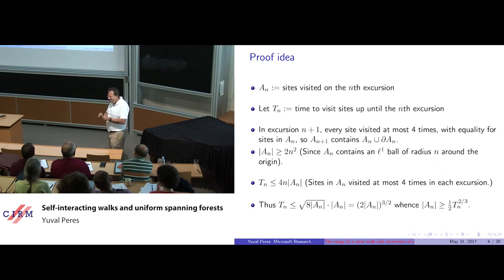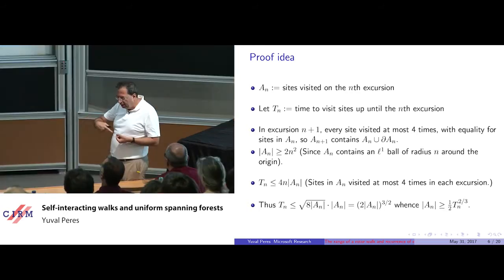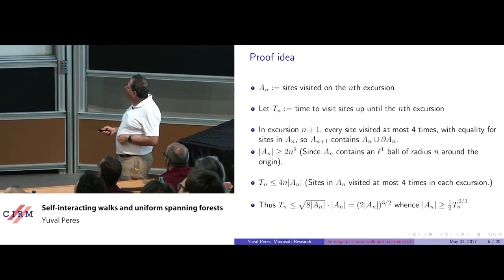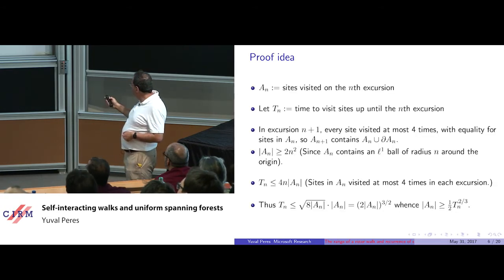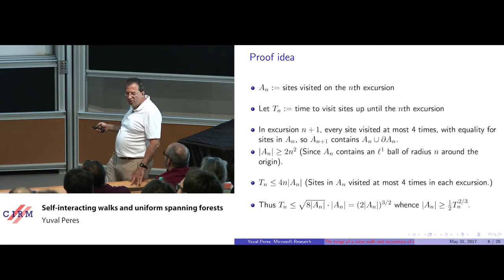There's something to think about, but it just follows from the fact that in the previous excursion, all nodes in A_n have paths leading to the origin. Okay, so this is the 2/3, and, as I said, it's open to understand any kind of converse under an assumption of random initial rotors.